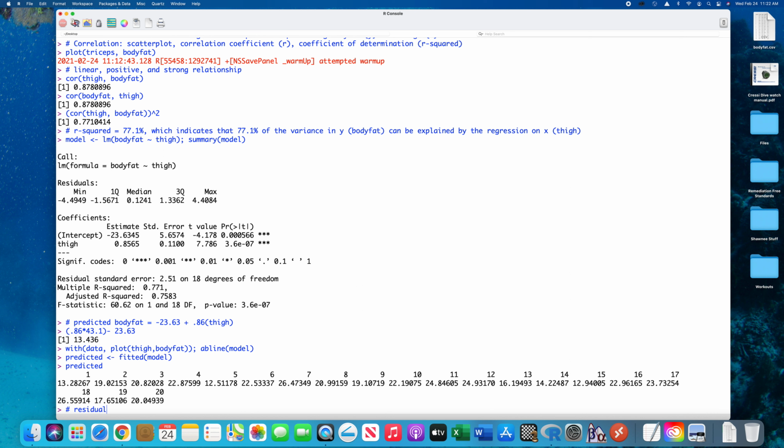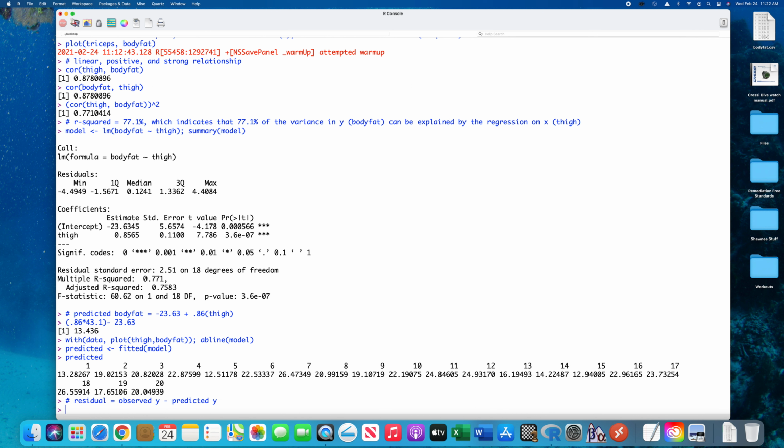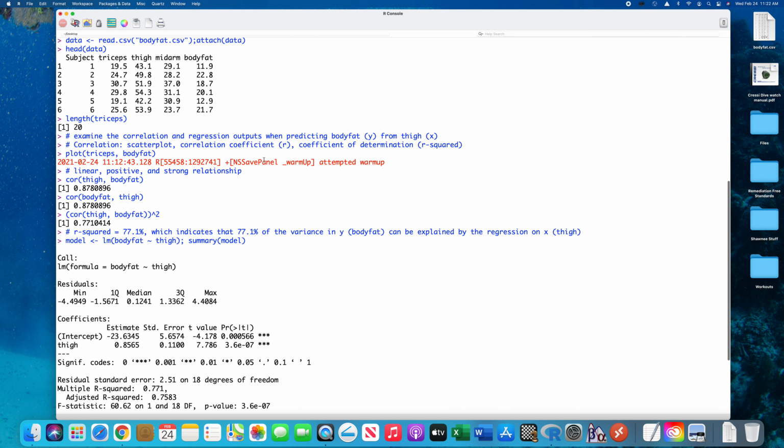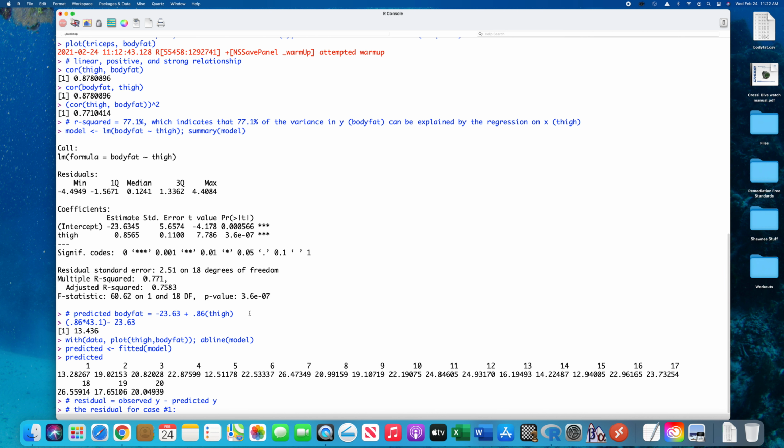A residual is the observed Y minus the predicted Y. The residual for case number 1: they have an observed Y of 11.9, and a predicted Y of, is everybody okay with just 13.3?